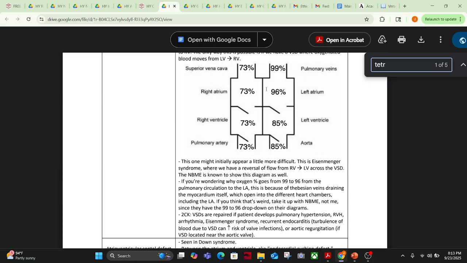So what's happening is there's a reversal of flow from right ventricle to left ventricle across the VSD.